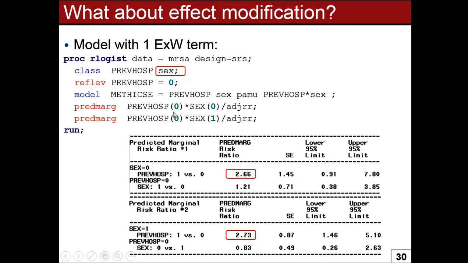It also gives you, for this line, something you don't care about, which is when prev-hosp is 0, sex 1 versus 0. That is like flipping the 2x2 table the other way. It's like using the wrong and non-informative comparison. So don't use that. You got to read this really carefully because it gives you the sex risk ratio. It's basically giving you the sex risk ratio when you're unexposed. When you care about the effect, yeah, you got it. So don't use this one, and then this is the effect of exposure when sex is 1, and then don't use this line. Okay, so this is how you do it with effect modifiers.